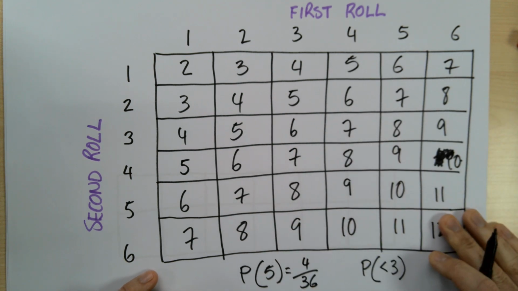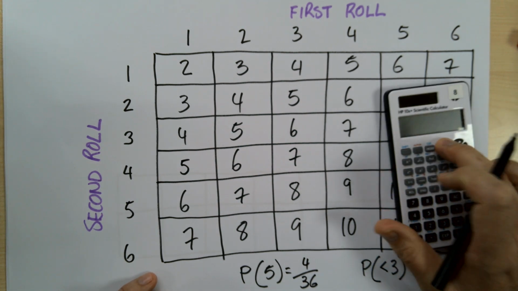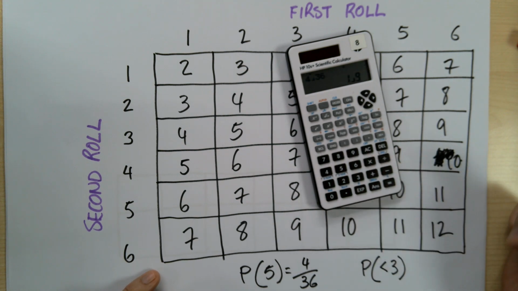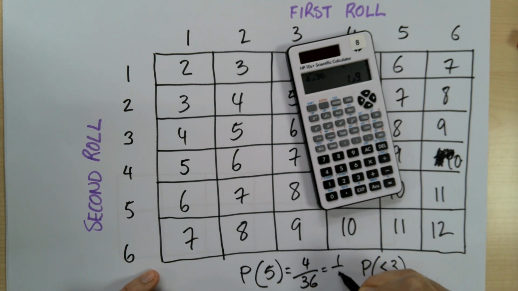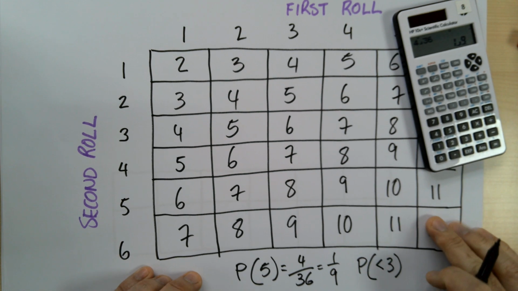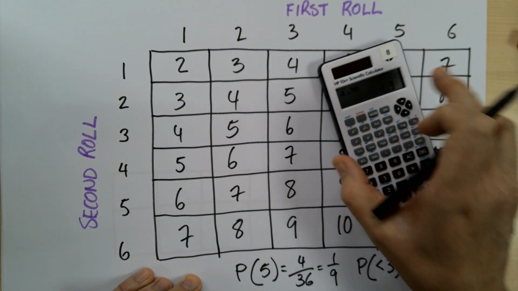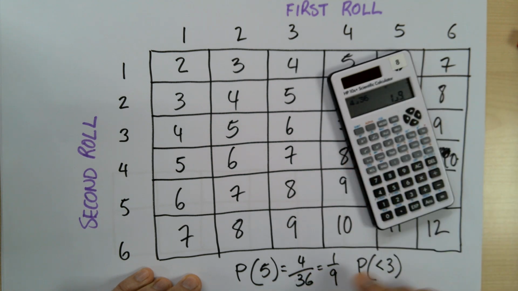I've got 4 5s. Now let's get the magic buttons. 4 over 36, that's 1 over 9. So that's simplified down to 1/9. You need to know how to do that for the test, using the fraction button to simplify things.